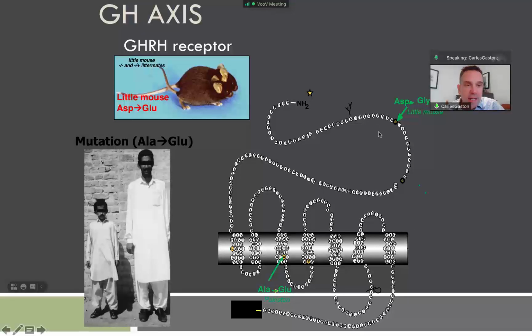Here you can see different mutations, like in the little mouse, where there is an asparagine to glycine change here in green, but now there are a lot of other mutations in the growth hormone releasing hormone receptor, both in humans and other animal models, right?